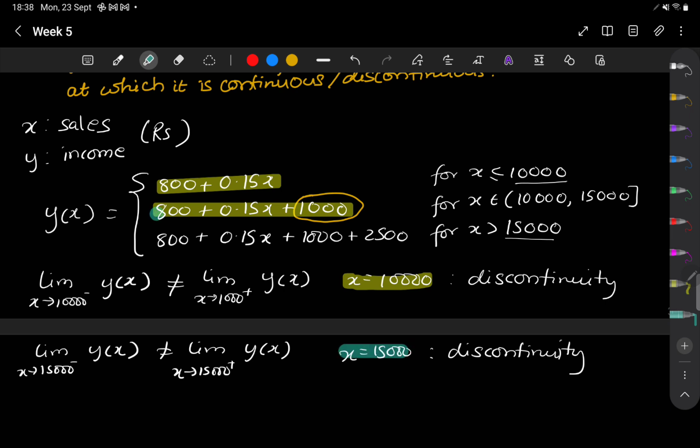Again, for the left hand limit it is this function, and for the right hand it is this function, and this time the discontinuous jump is 2500.